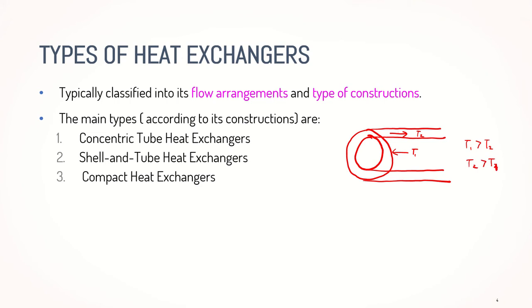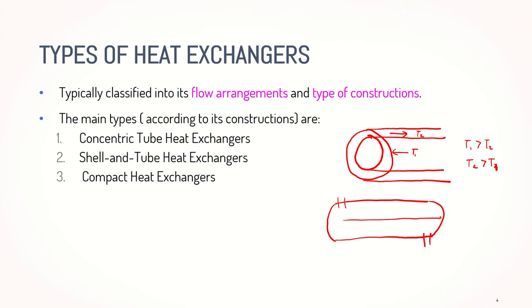And the second one would be the shell and tube heat exchanger. What does shell and tube mean? It means you're going to have a shell, a big shell, maybe made of carbon steel. So what happens is that you're going to have an inlet.